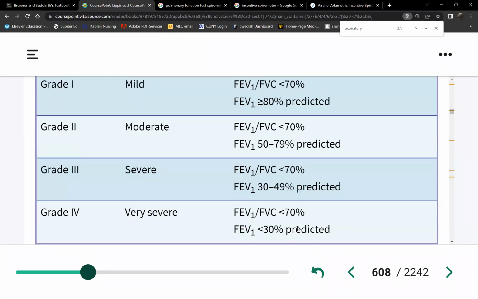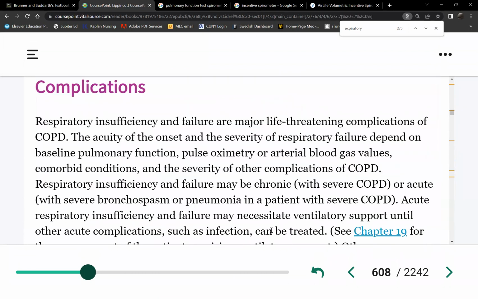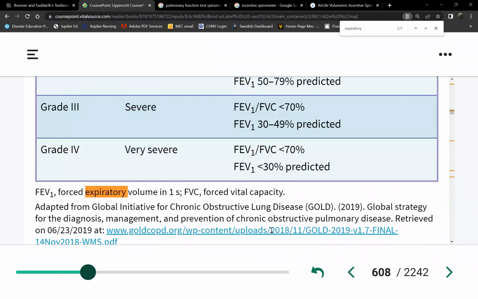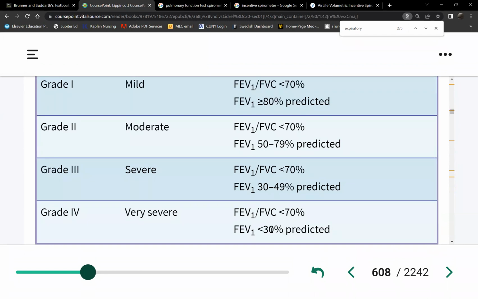But it's not as accurate a measurement compared to FEV1. FEV1 remains the standard for grading the severity of COPD, because forced vital capacity can also be affected by your chest muscles. Let's say if I work out, or I'm younger, I may have a good FVC but a bad FEV1. That makes sense? Because FEV1 is really just based on your diaphragm.